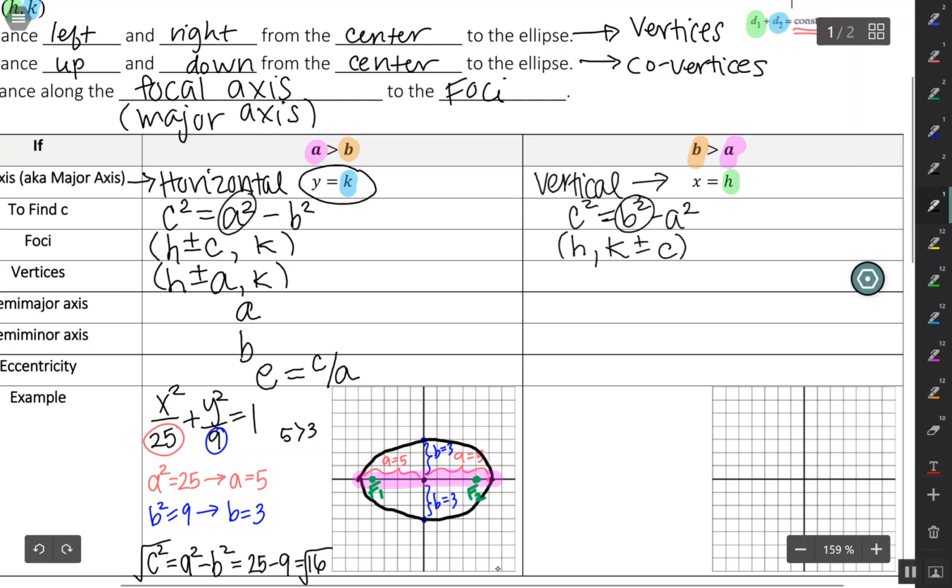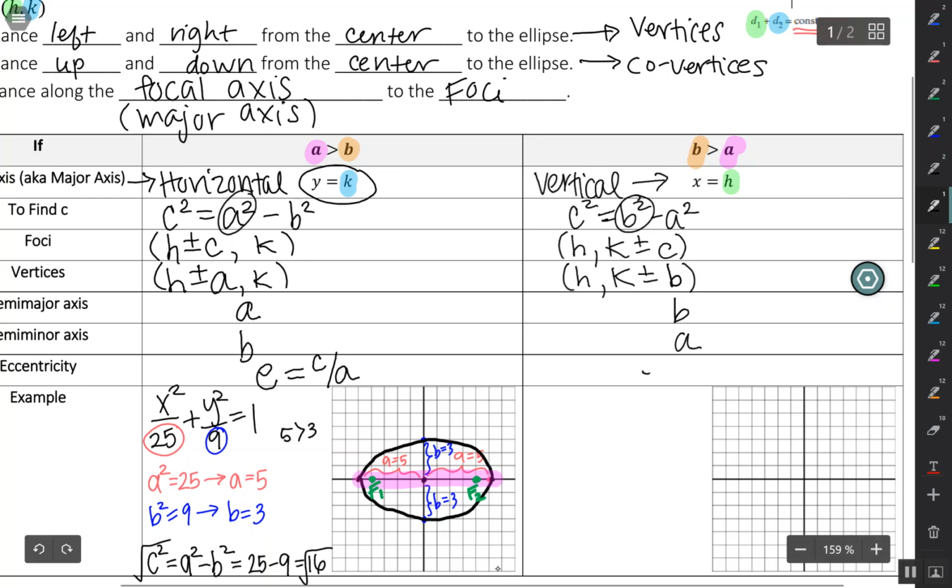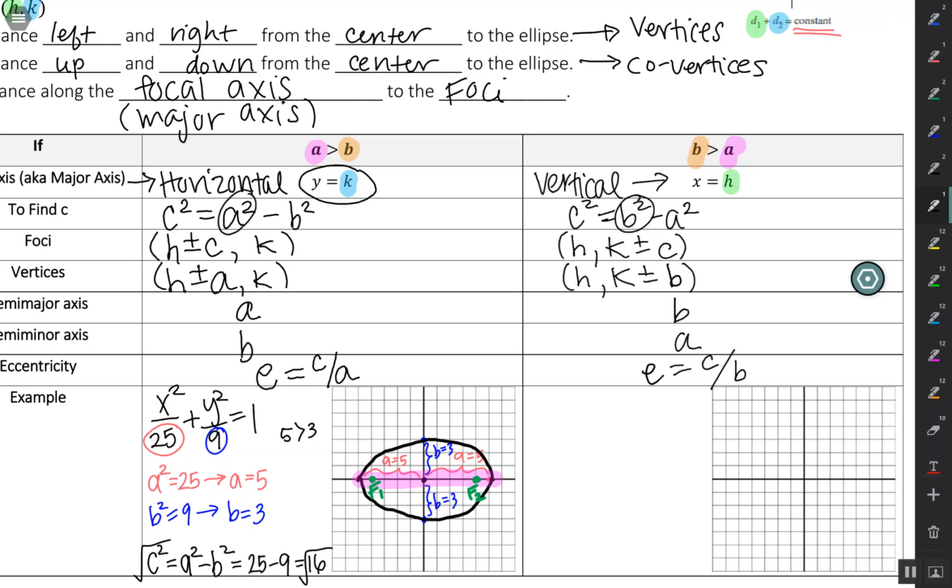The vertices are going to be h, comma, k plus or minus b this time, because the b is the up or down number. And the semi-major axis is now up or down, so this is the b, and then the minor one would be left and right, which is a. The eccentricity is going to be c divided by b this time, because the major axis is b.